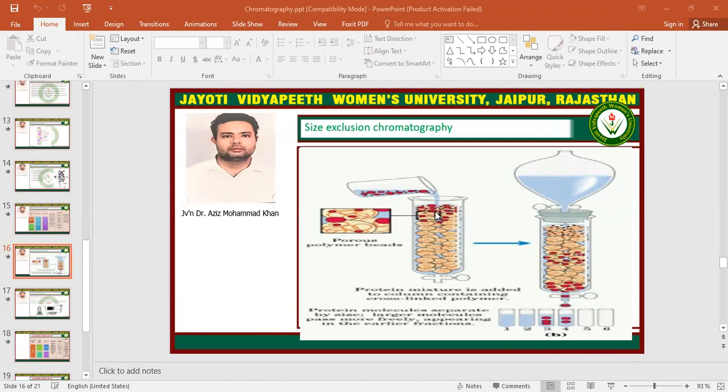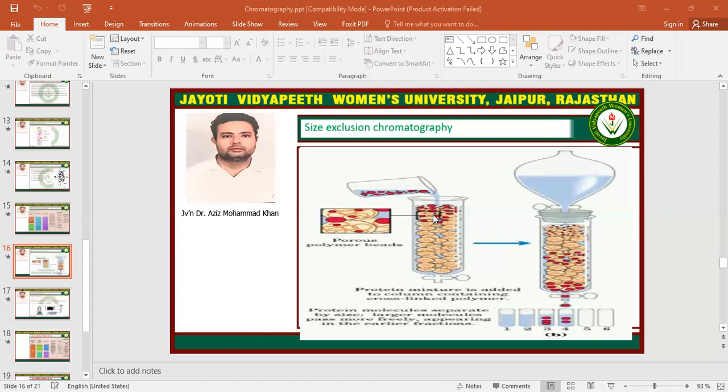The beads will capture all the small particles, so there will be space for the large particles. The small proteins will be captured by the beads, because the pore size is small for the small particles.